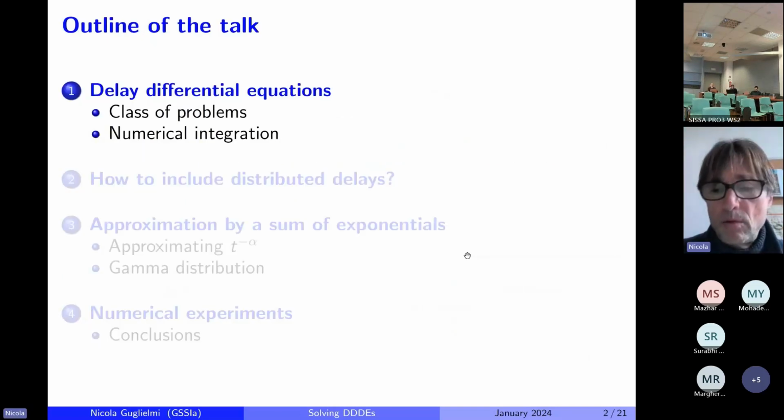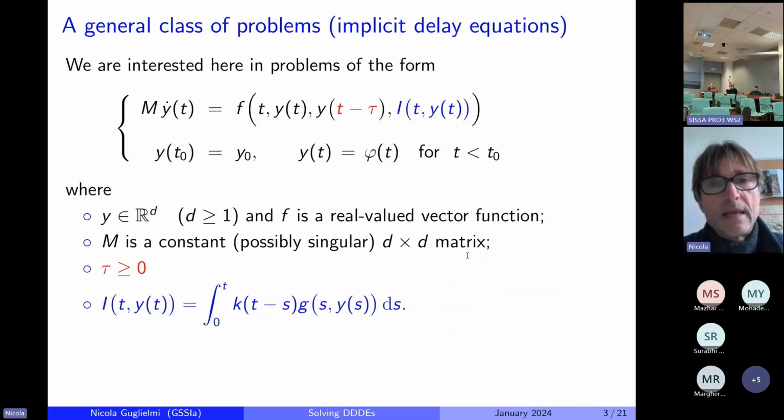Okay, so let me introduce the class of problems that I'm interested in. Here M is a mass matrix. In the simplest case, you can think that M is the identity. Y is the state vector, which represents the state of the modeled system. And you see that the function depends not only on t and y, which would mean essentially an implicit system of ODEs, but also on the solution in the past at the time t minus tau.